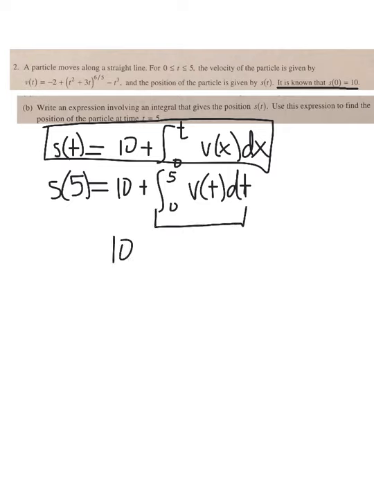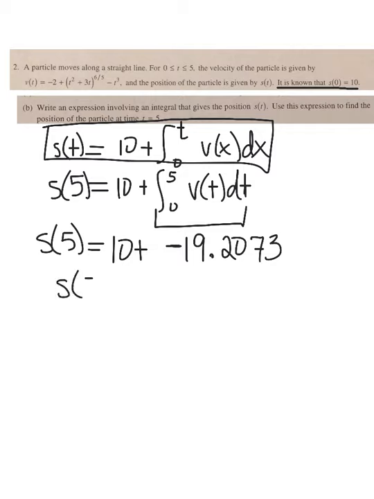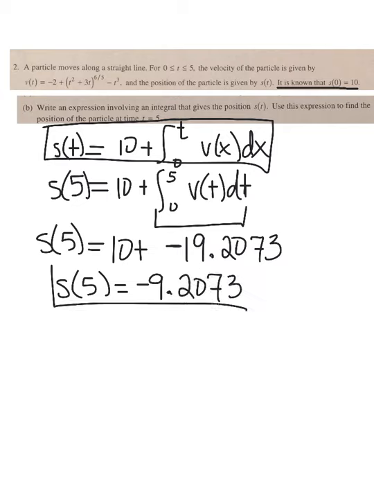Put that part into your calculator, pause me, and see what you get. All right, so I have negative 19.2073. So my final answer for s of 5 will be negative 9.2073. There's your answer to part B.